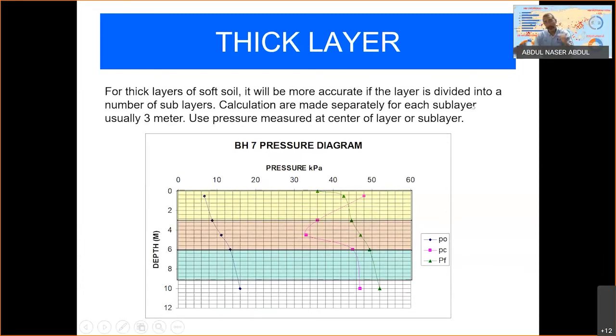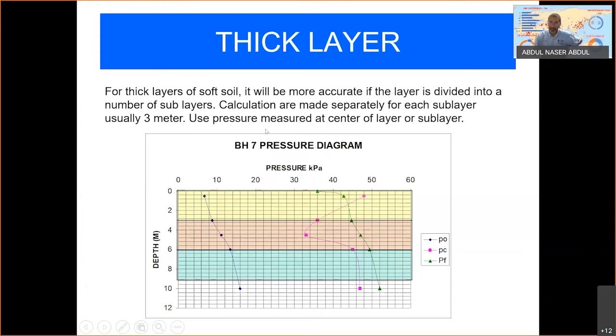Usually we will provide the sub layer up to 3 meters. Of course, if you have a smaller layer, it probably gives you a better result, but you need more calculation. But these days, with the help of computers, probably you can do it faster.